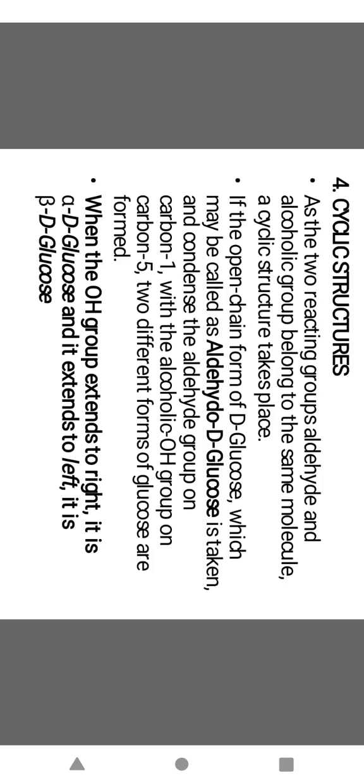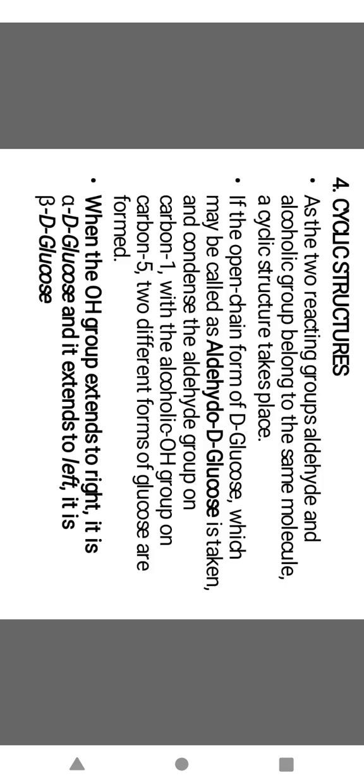This aldehyde group on carbon 1 condenses with the alcoholic group on carbon 5, and two different forms of glucose are formed. When the OH group extends to the right, it is alpha D-glucose, and when it extends to the left, it is beta D-glucose.